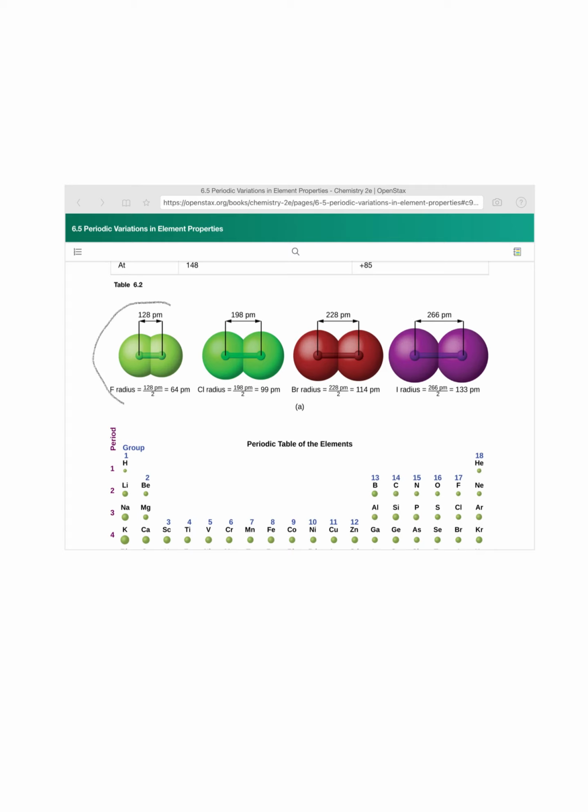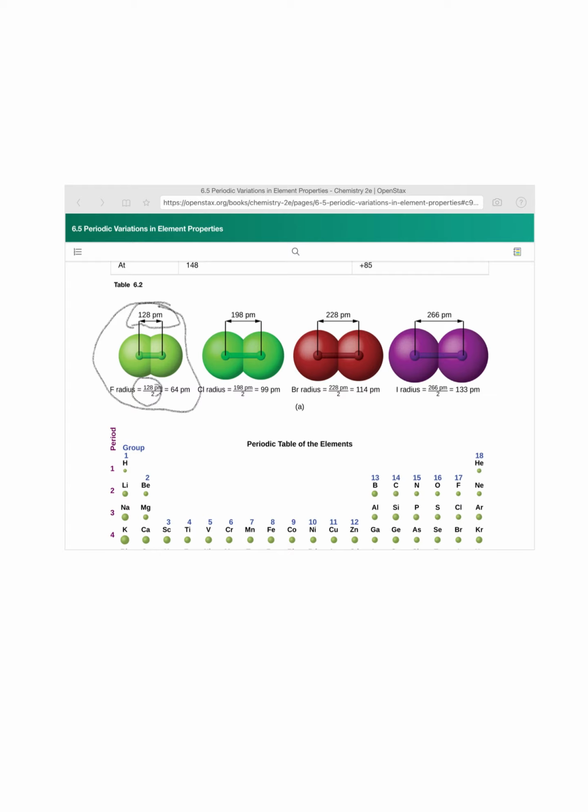You can see over here that the radius is 64 picometers. So you take the distance between the two nuclei and divide it by 2, right? In other words, it's the distance halfway between them, and that's going to be the size of your element.